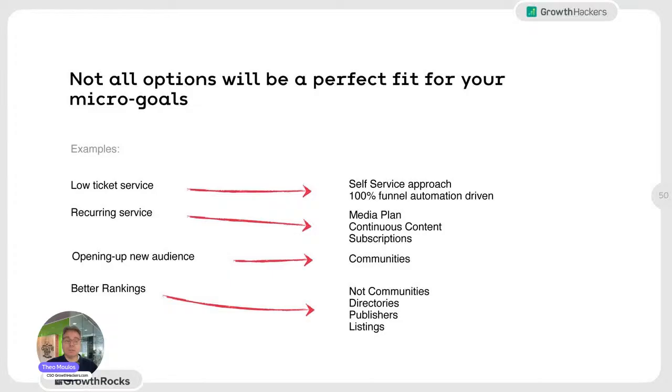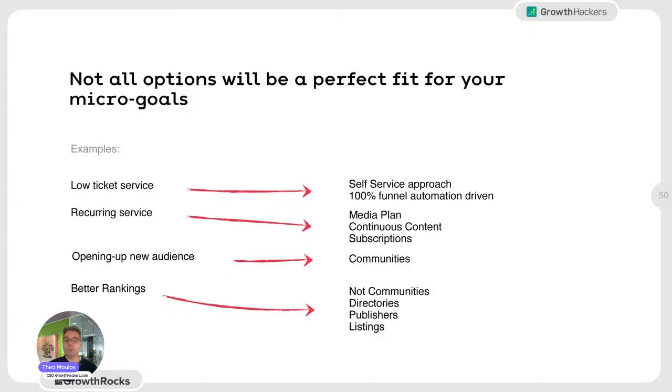And the next one is that depending on what you need to do, you have a different approach to fit your micro goals. Let's assume, for example, that you want a low ticket service. Let's assume that you have a high ticket service. We do have a high ticket service, GrowthX, but we wanted a low ticket service.